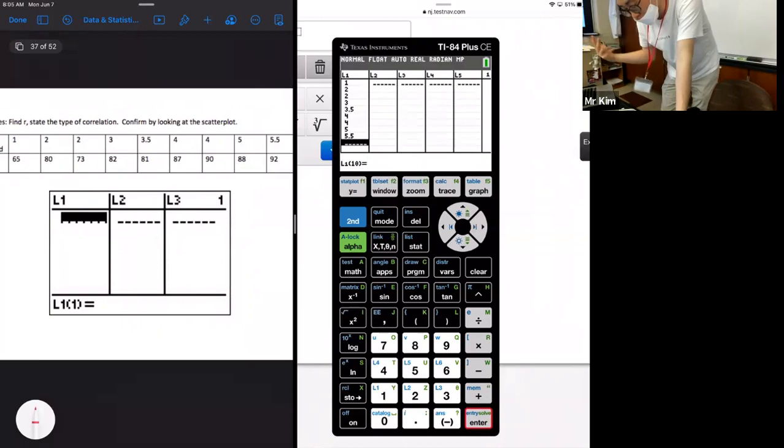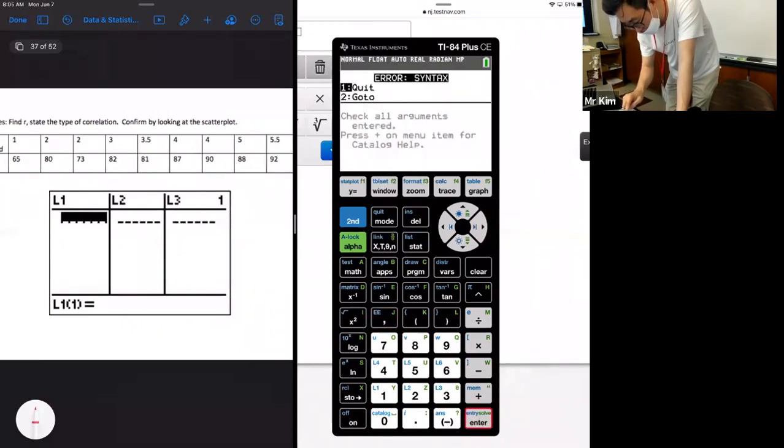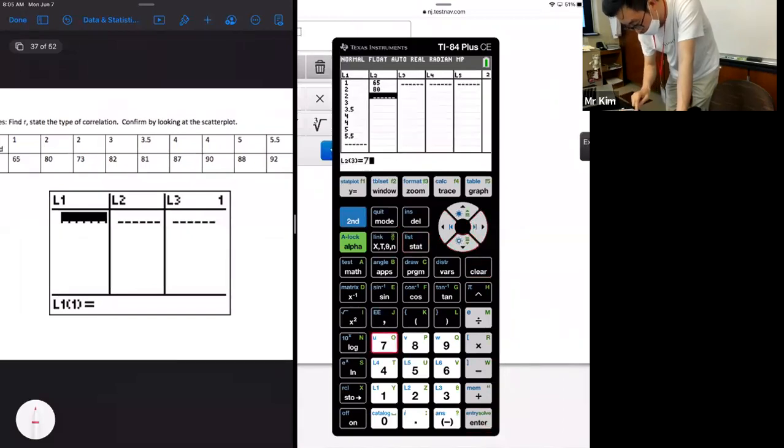So there are a couple of multiple points that we get, like two of the students studied the same hours, maybe they studied together, I don't know, but we want to put those test scores on the next column. So 65, 80, 73. Oh, it's my fault. 73, 82, 81, 87, 90, 88, and 92.